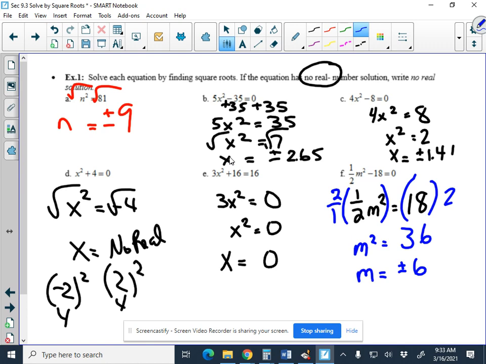Plus or minus 6. Remember, it's plus or minus anytime you do that.